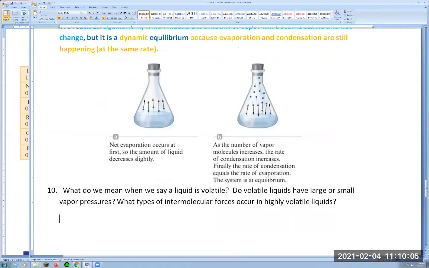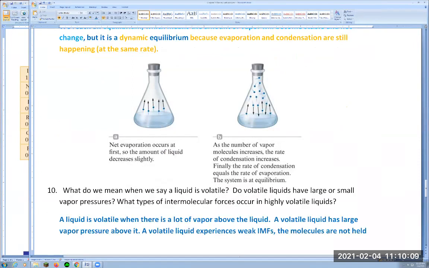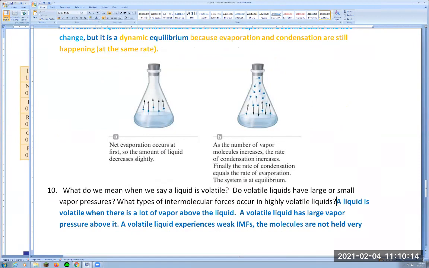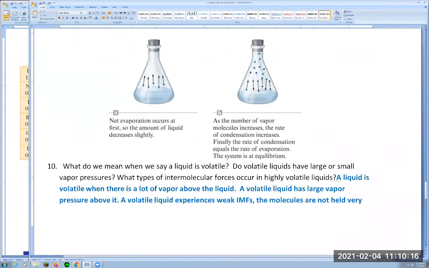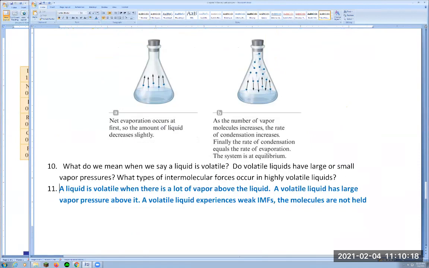So volatile means you have a lot of vapor above the liquid. It is volatile when there is a lot of vapor above the liquid. Or when you have a large vapor pressure above the liquid, then you have a lot of vapor. So that means you have a lot of vapor pressure above the liquid.